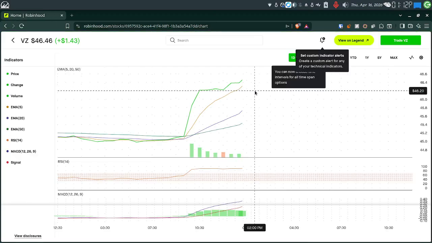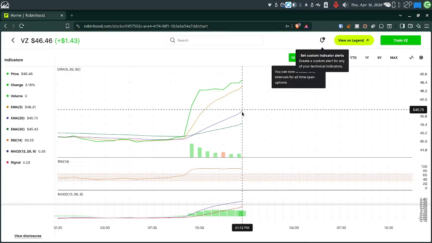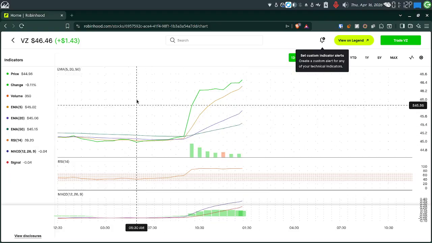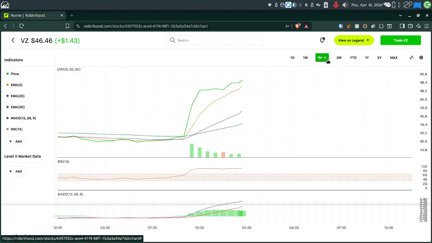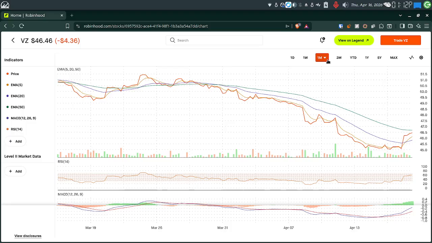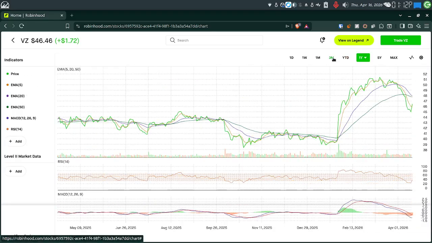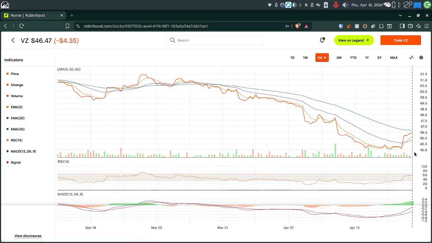You would take 50% of your profit on the 1 month chart. I hate these pop-ups. On the 1 month time frame, you look at the RSI.